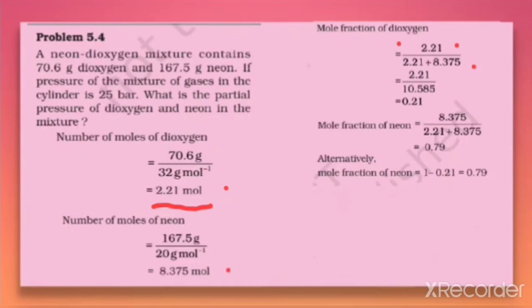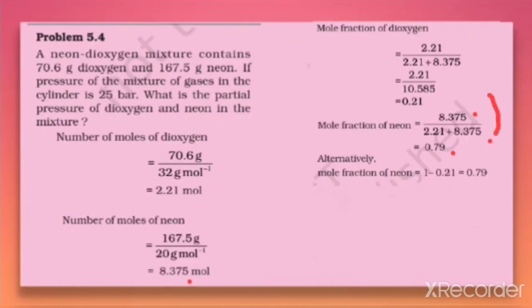After division you get 0.21 as the mole fraction of dioxygen. Similarly, we can find the mole fraction of neon, that is the number of moles of neon, 8.375, divided by the total number of moles. When we solve it, we get 0.79.